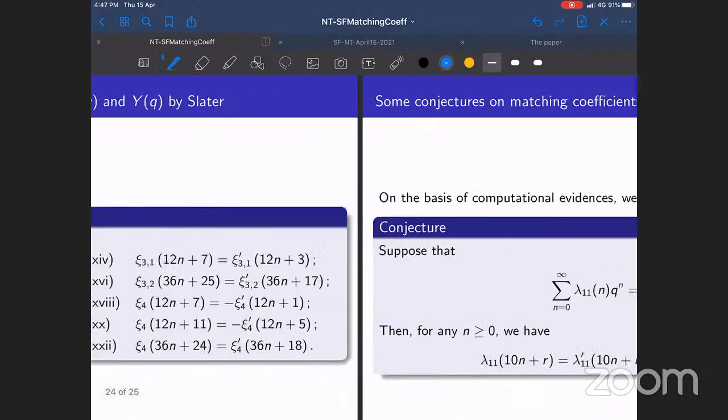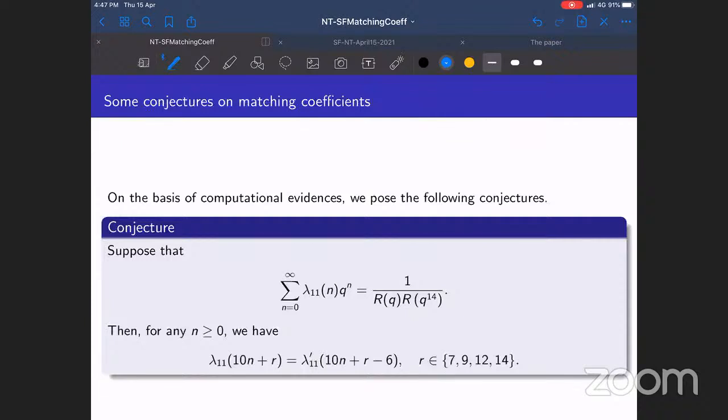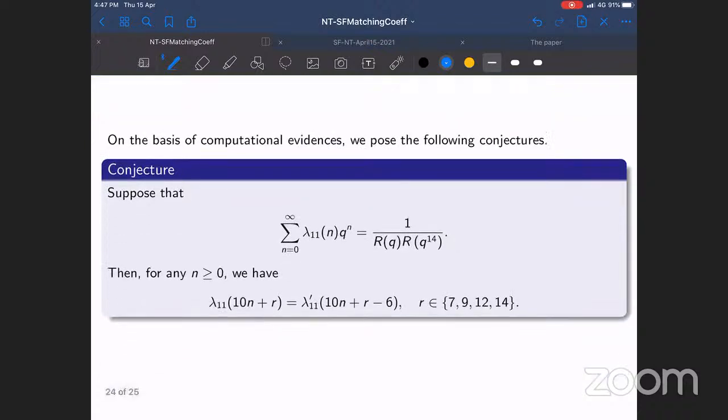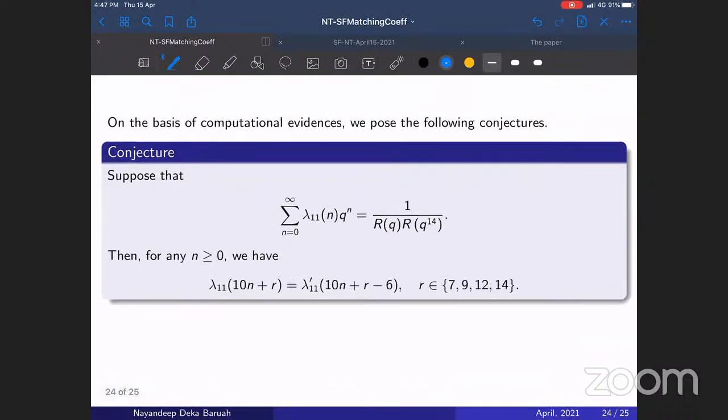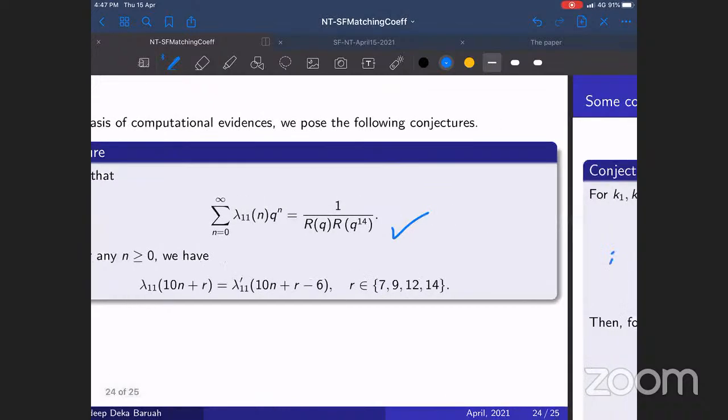Okay. And so we actually numerically checked many other results, but we failed to find any except 2. For example, here, this is a conjecture concerning RQ and RQ14.